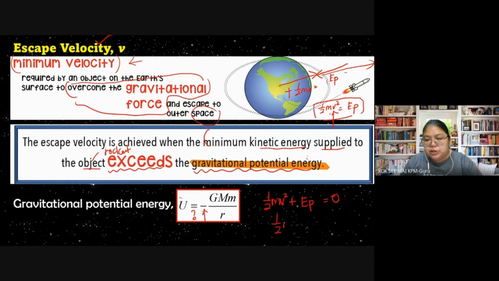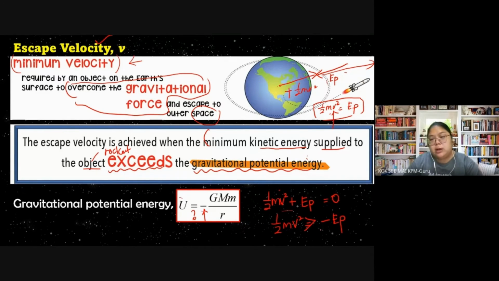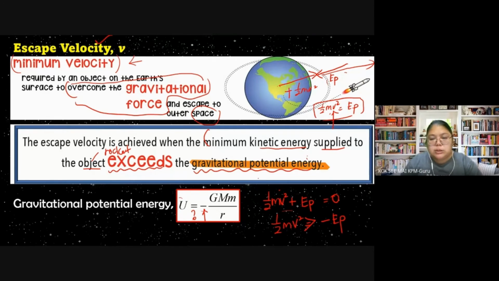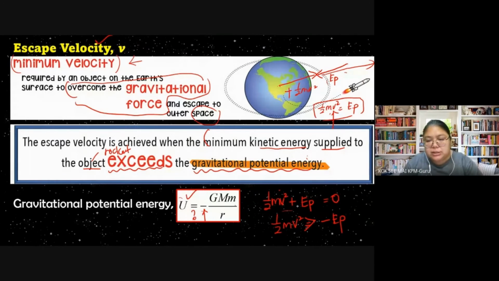So when I write the equation like this, negative EP, this one plus this one equals 0. And when I write the equation, half mv squared equals EP. If it is more than EP, that means you can go outside.